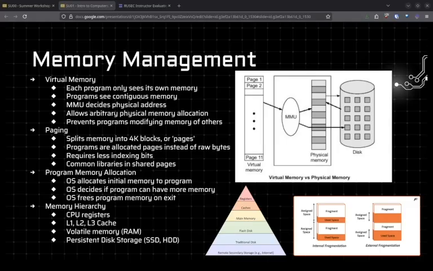Another part of memory management would be memory allocation. As mentioned before, the operating system, and specifically the kernel, is responsible for allocating all the resources, including the memory, to the programs and processes. Like mentioned before in the process management slide, they allocate the initial memory to load the program and to start it. And afterwards, when a program is running, the program can request additional memory, and when it does so, the operating system can dynamically allocate more chunks of memory to the program.